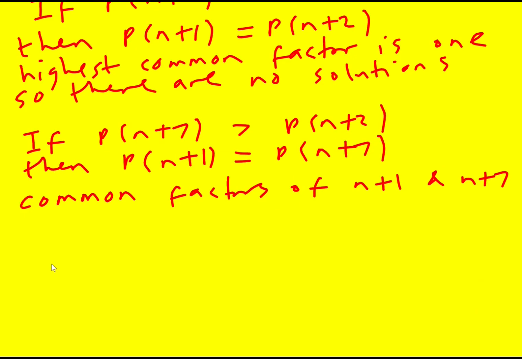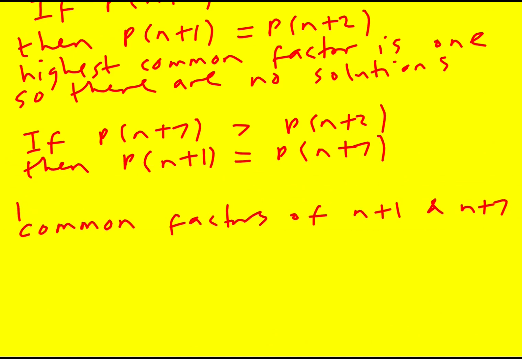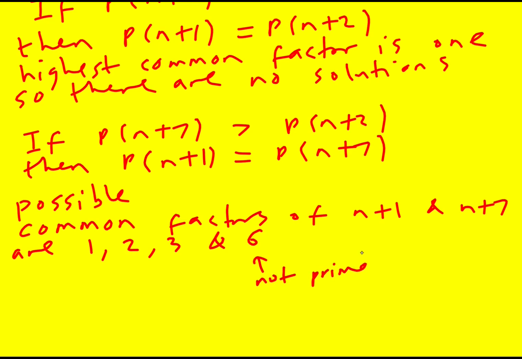Possible common factors, I should say, because it's not guaranteed for every single n, are 1, 2, 3, and 6. Now, this one's not prime, and nor is this one. And we also need Pn plus 7 to be greater than Pn plus 2.